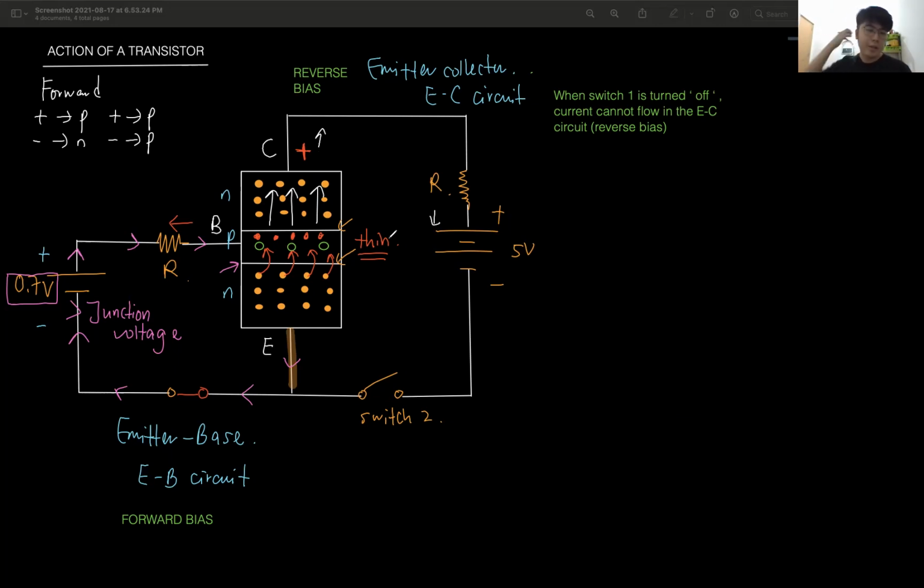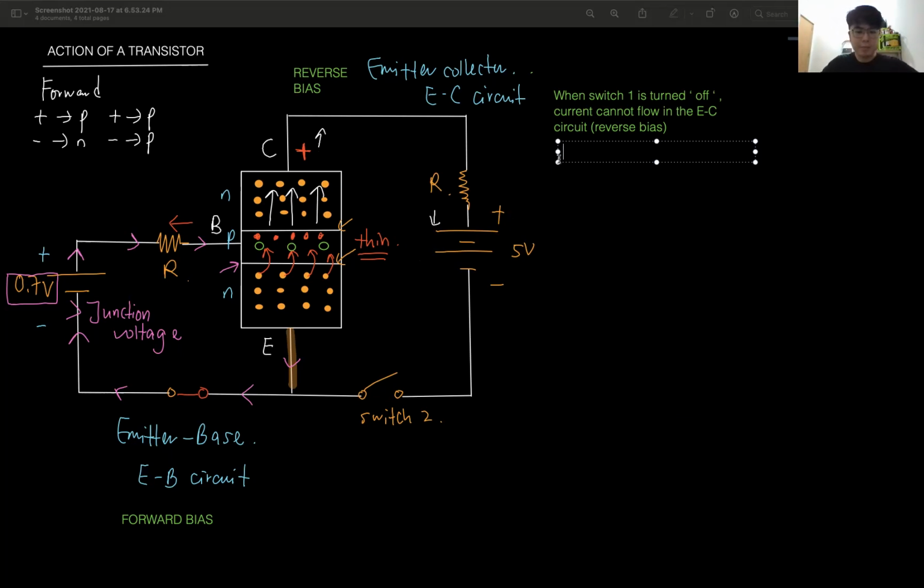Now, remember, this circuit is in reverse bias, right? It is in reverse bias. How come the electron can cross if it is in reverse bias? Understand that reverse bias does not allow majority charges to flow, but it allows minority.